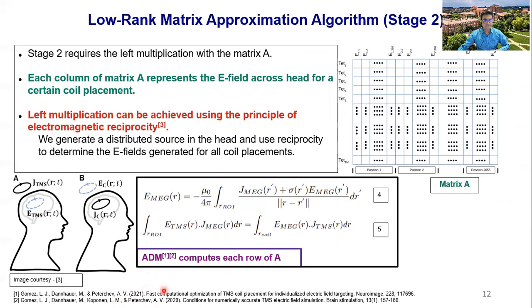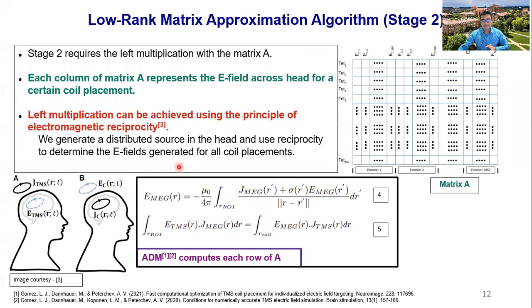I have listed the corresponding references here. We use this ADM to compute each row of this matrix, and also to compute the reciprocity integrals that I have shown here in equations 4 and 5. You can find the algorithm in these references. It has been done in our previous projects.